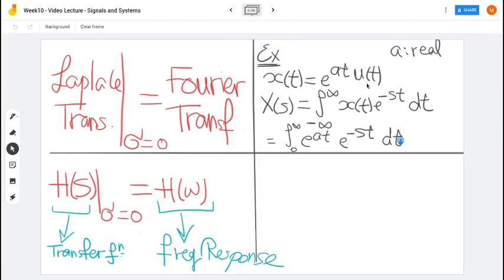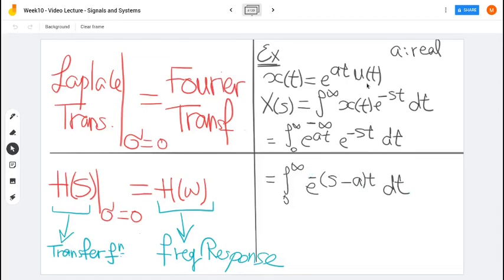In order to evaluate this integration, this will be equal to integration from 0 up to infinity. And now let's combine e to the power at and e to the power minus st together. So we will be having e to the power minus (s minus a)t dt, and of course we have a negative sign over here.